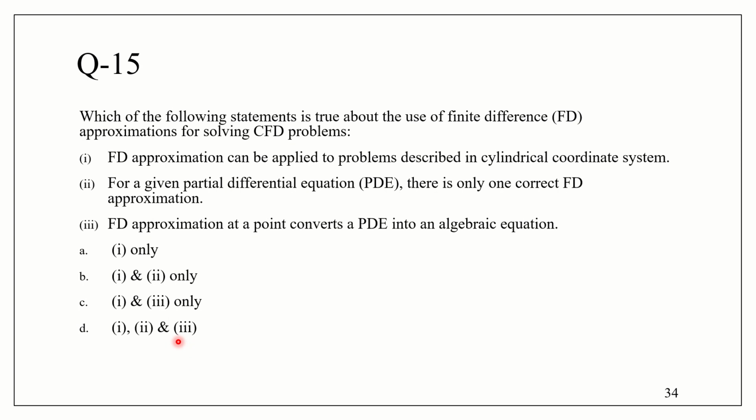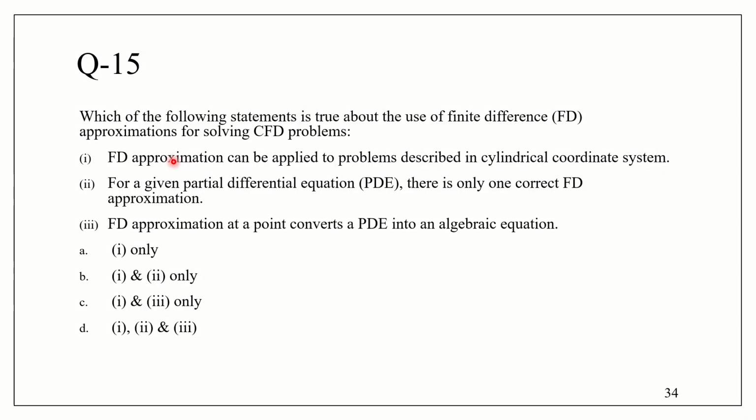Because we are converting the partial differential equations, which we can't solve directly, into algebraic equations for each particular grid. So in finite difference approximation, we use the grids and solve at each grid point. We are discretizing using each grid point. So which of the following statements is true about the use of finite difference approximation? We need to identify which of the given 3 statements are right.